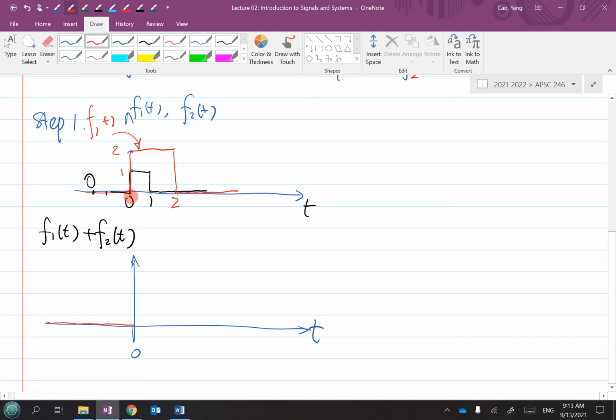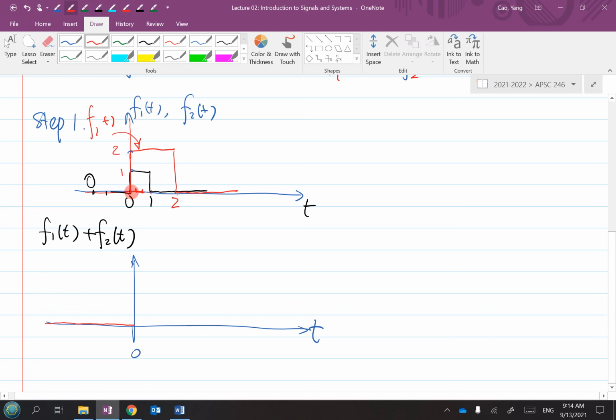In this part, most probably you're going to have to do it piece by piece, piecewise. Don't jump too far. Let's say starting from 0 up to 1. Between 0 and 1, this f1 of t value is always 1. And between 0 and 1, the f2 value is always 2. So if you pick any location between 0 and 1, you'll end up adding what and what? 2 and 1, right?